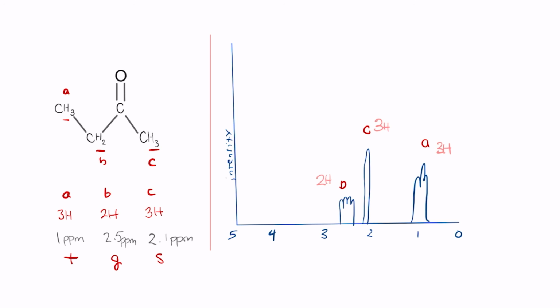Now let's take a moment to talk about why each of these came out in different shapes and sizes. So there's actually something called the integral. And for those of you who might have taken calculus, you might be familiar with this. And I promise it won't be that scary. The integral is the area under the curve.